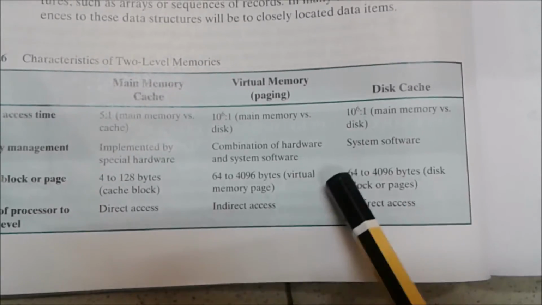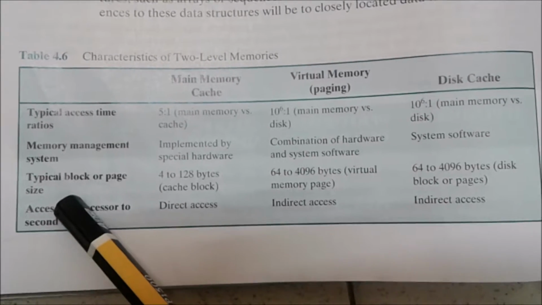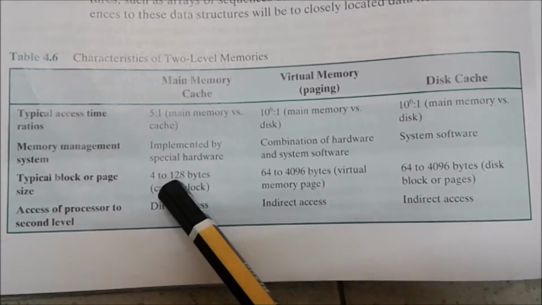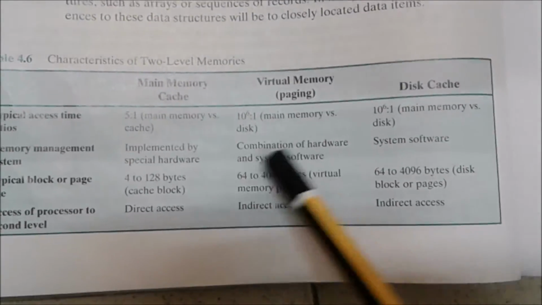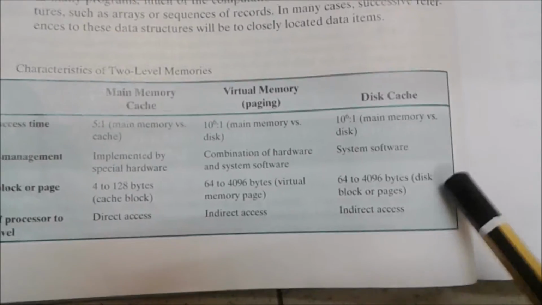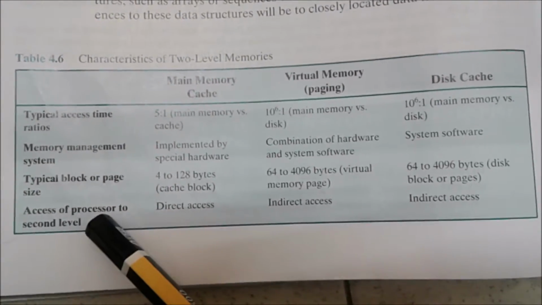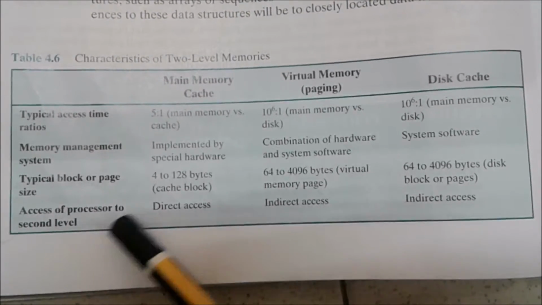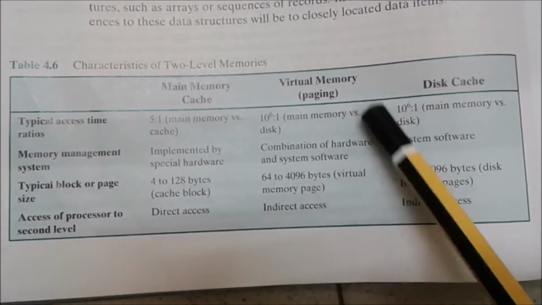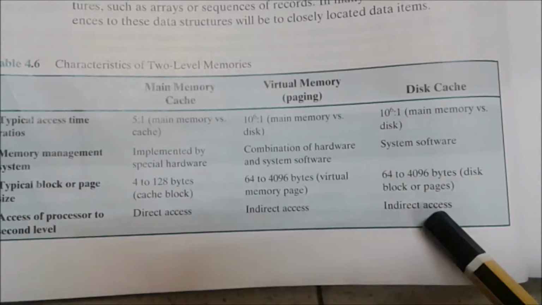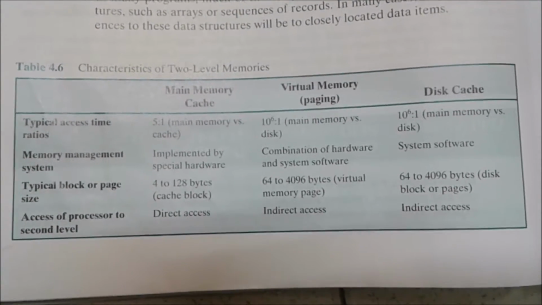And for disk cache, system software only. Typical block or page size is 4 to 128 bytes. Next, access of processor to second level: direct access for main memory cache, indirect access for virtual memory, and indirect access for disk cache.